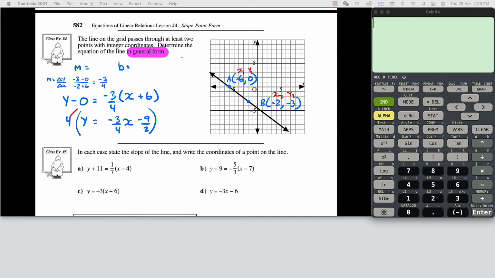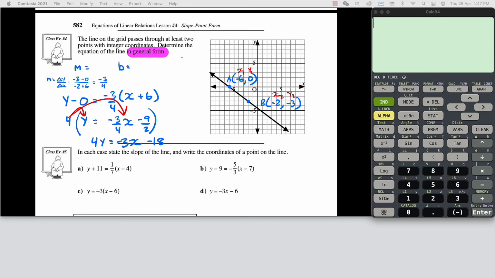So first of all, 4 times y, that is 4y, equals 4 times negative 3 is negative 12, divided by 4 is negative 3x, and 4 times negative 9 is negative 36, and negative 36 divided by 2 is negative 18.